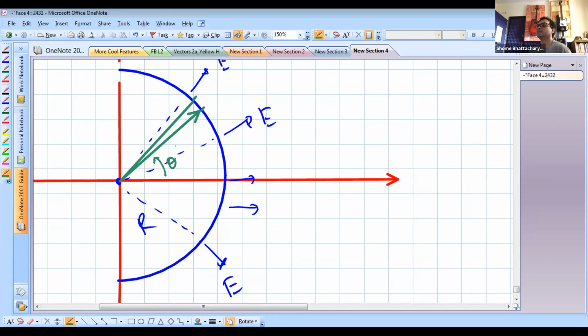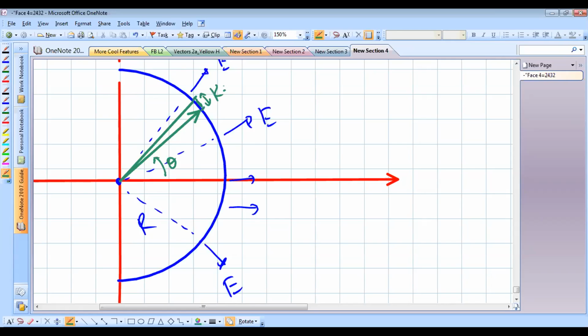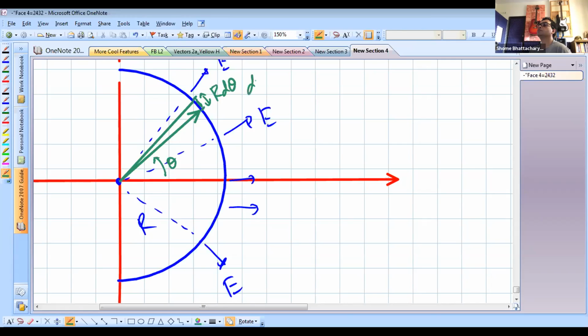You can take theta from minus pi by 2 to plus pi by 2. The length here will be r d theta. So the charge of the element, dq, will be lambda into r d theta, and the field is like this.